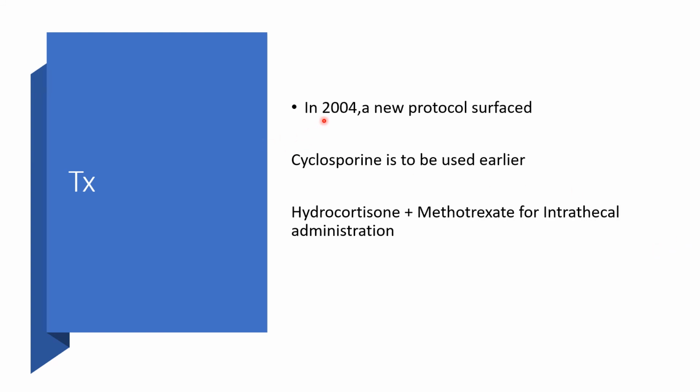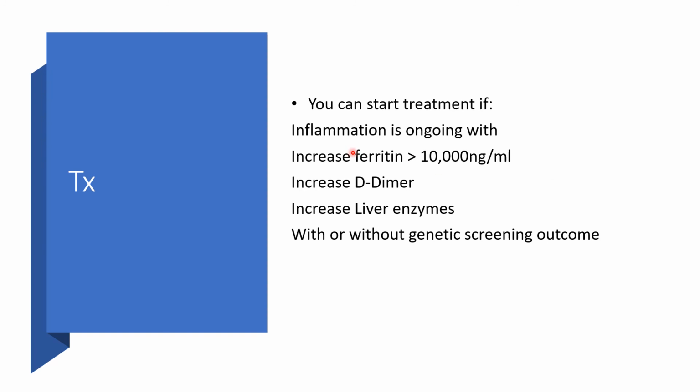In 2004, a new protocol surfaced. Here, cyclosporine became helpful to be used earlier in the treatment. Hydrocortisone with methotrexate will be adopted for intrathecal administration. You can start treatment if inflammation is ongoing with increased ferritin greater than 10,000 nanogram per ml, or increased D-dimer, increased liver enzymes, with or without genetic screening outcome.